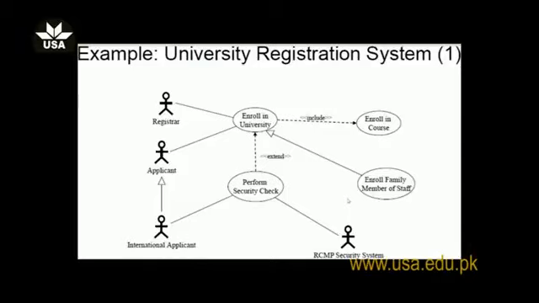So enrolling in the courses is a functional requirement. Who allows this and who is trying to opt for these courses? Students are trying to opt for and register these courses, and the registrar allows them to enroll in these courses. So there is another relationship that is named extend.